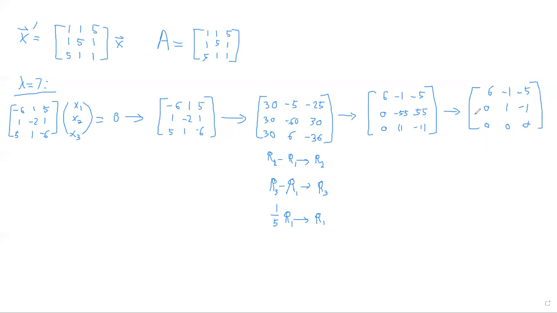So yeah. Now, what I can do is I'm going to get rid of this value so I can have x1 purely in terms of x3. So to do that, I'm going to say R1 plus R2 goes to R1.